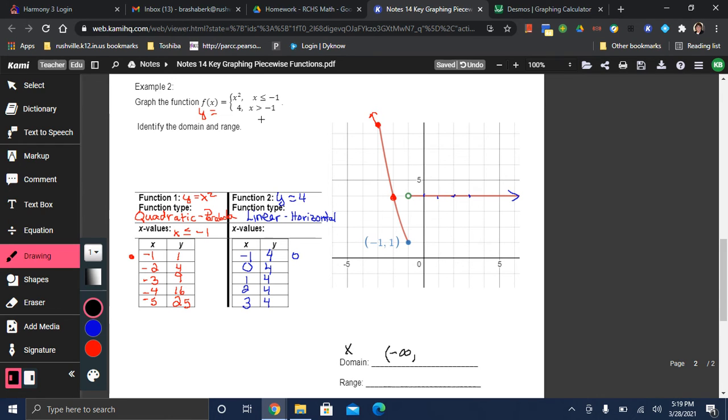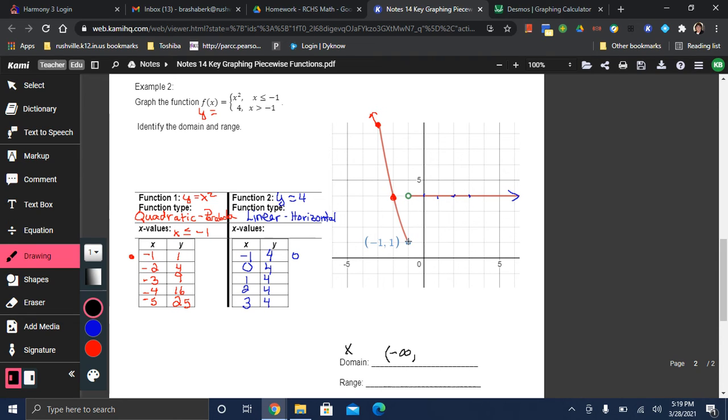And then it says all the x's that are greater than negative 1. So if you think about that, and you can also kind of look at your graph, all the x's that are less than or equal to negative 1 are taken care of with this graph. And then this graph takes over, and all the x's that are greater than negative 1 are graphed here.